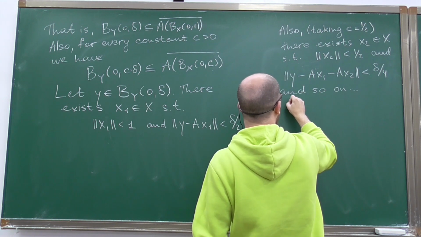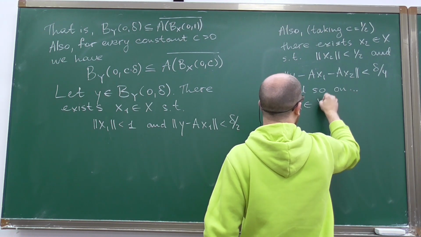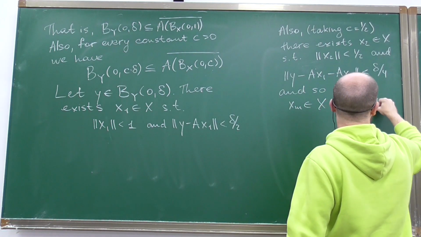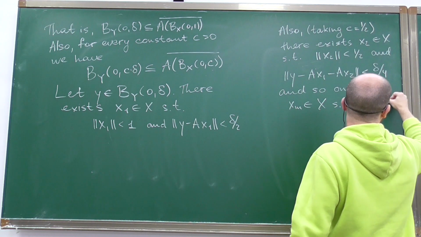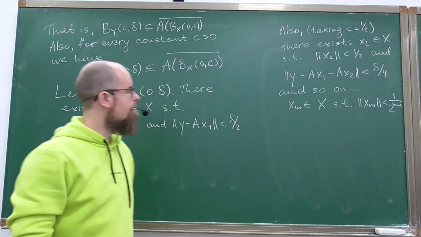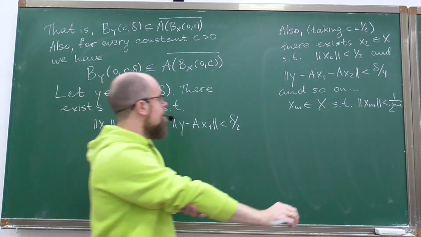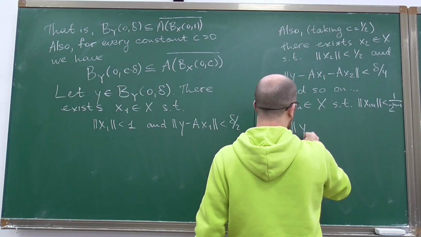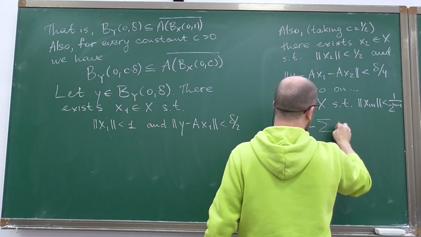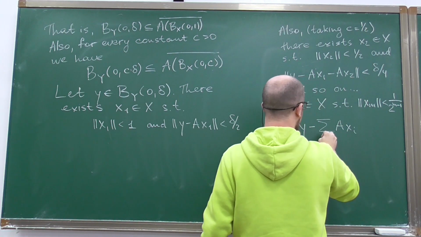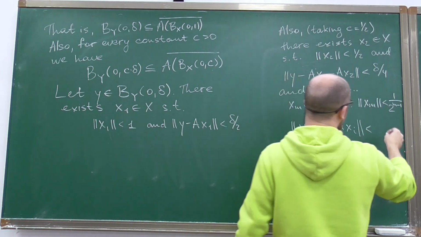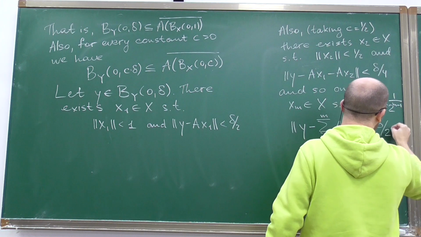So we can find xm from X such that the norm of xm is strictly less than 1 over 2 to the power of m minus 1, and the norm of y minus the sum of axi is less than or equal to delta over 2 to the power of m.